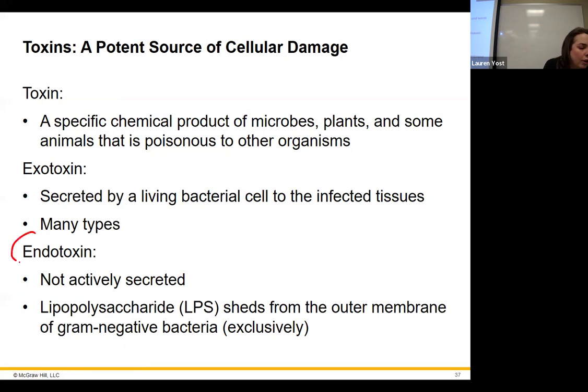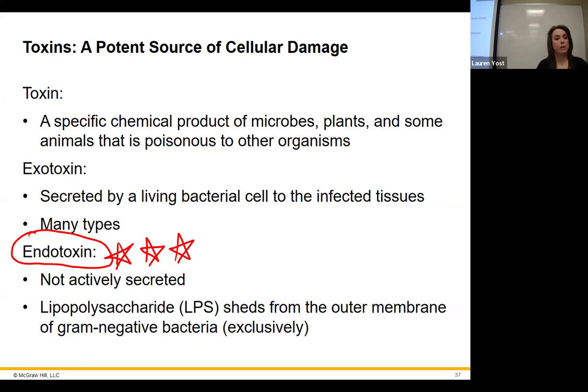So endotoxin. Maybe you're sitting here thinking to yourself, I kind of remember that word. Because you should, okay? This was chapter 4. Chapter 4 told us that one of the things gram-negative bacteria have on their outer membrane is something called lipopolysaccharide. We also call that LPS for short. We also call that endotoxin, okay?